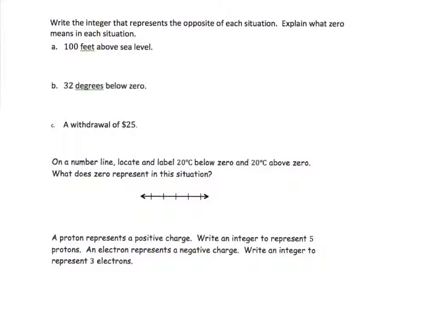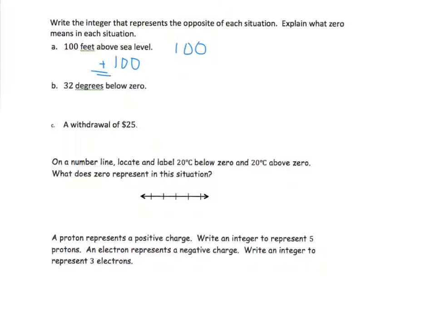So now this is where your active reading comes in, because we want to know, if I just read this, 100 feet above sea level. 100 feet above sea level, that was in the last lesson. We know that's going to be a positive 100, which we don't label with the plus sign or the positive symbol. We just say if it's 100 feet above sea level, it's 100.